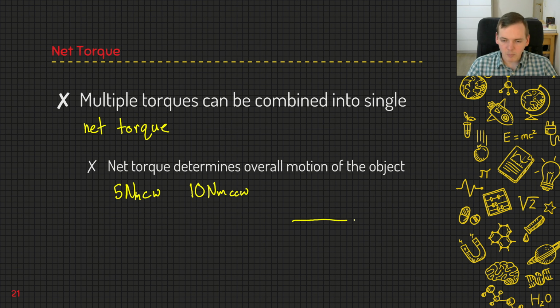So for example, if I have a seesaw or a teeter-totter, or a balance if you prefer, with an object sitting on this side, object A, and an object sitting on this side, object B, we can figure out that A is going to push down on the seesaw on the left side, and that's going to cause it to spin counterclockwise.